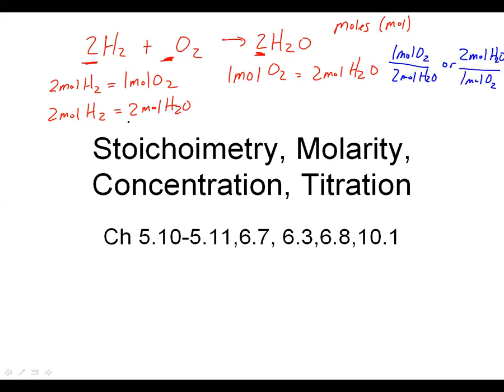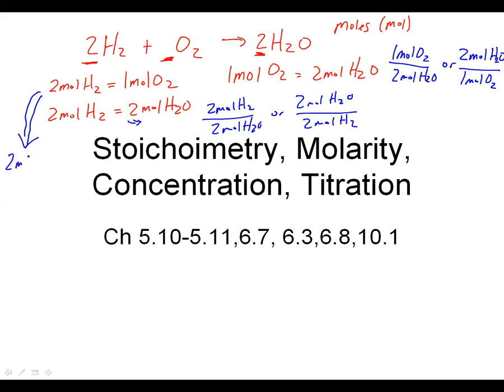For this equality here, we could write for every 2 moles of H2, we get 2 moles of H2O. We could also say for every 2 moles of H2O, you get 2 moles of H2. And lastly, for this top equality here, we could say there are 2 moles of H2 for every 1 mole of O2.